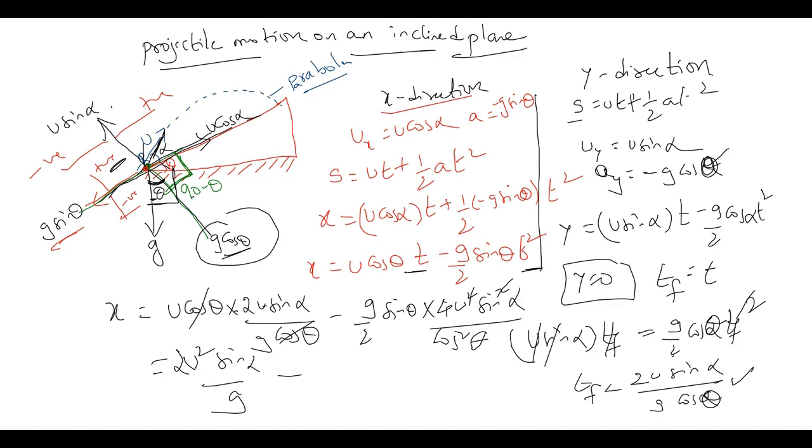Now this 2, 2 times, so this will become minus 2g, 1 sin theta and 1 cos theta will become tan theta. Now here 1 sin alpha is left into sin alpha by cos theta.